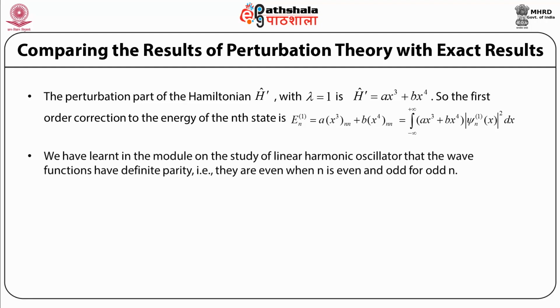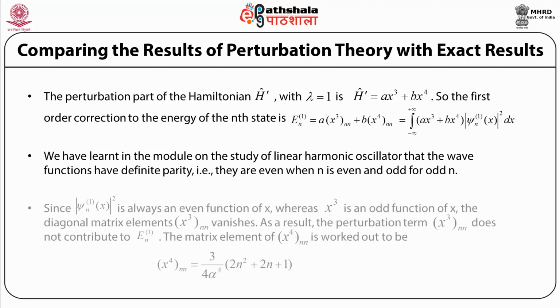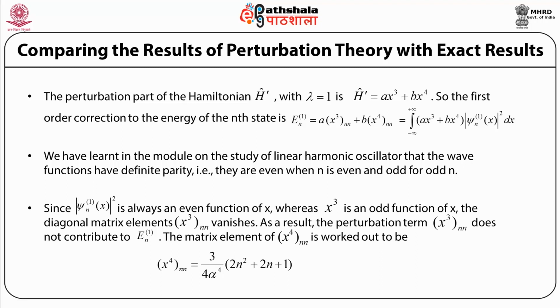We have learned in the module on the study of linear harmonic oscillator that the wave functions have definite parity, that is, they are even when n is even and odd for odd n. Since |psi_n^0(x)| modulus square is always an even function of x, whereas x cube is an odd function of x, the diagonal matrix element <x cube>_nn vanishes.